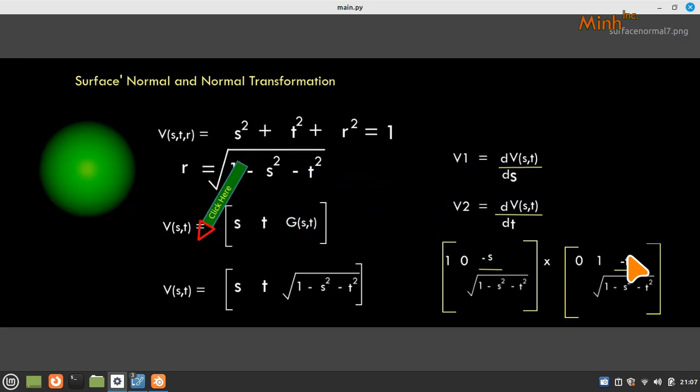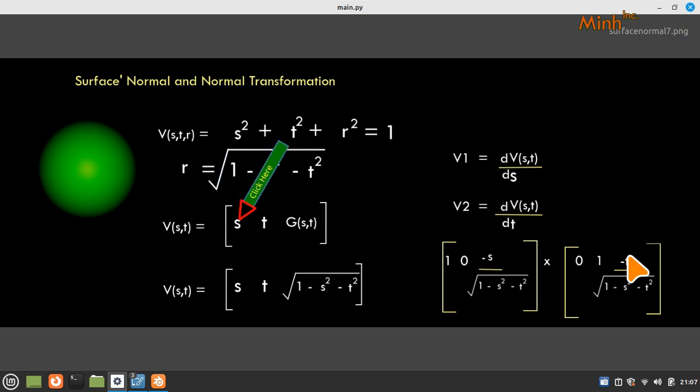Now let's take the example of a sphere. V(S,T,R), but actually it should be V(S,T), and S squared plus T squared plus R squared equal to 1. So this is the equation. So R equal to the square root of 1 minus S squared minus T squared. In the explicit way we have to specify V(S,T).